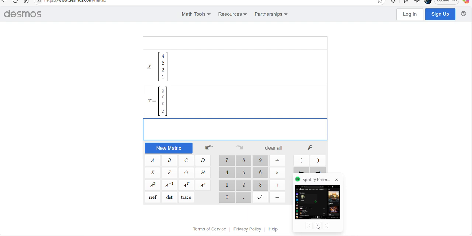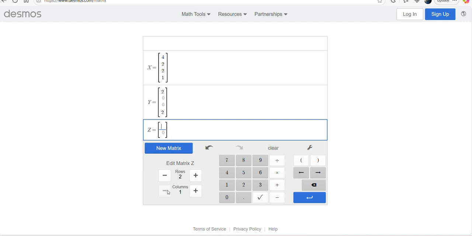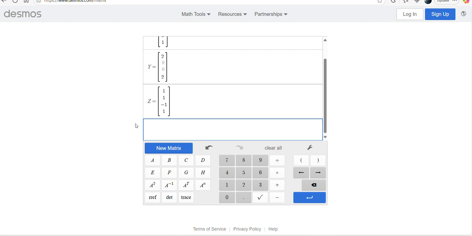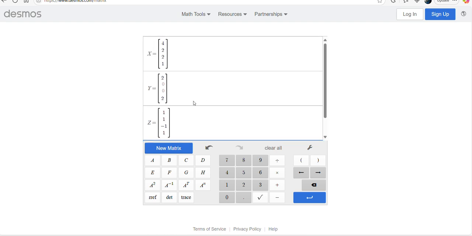And our X3, or Z, that'll be 1, 1, negative 1, 1. Okay, so that's X1, X2, X3.